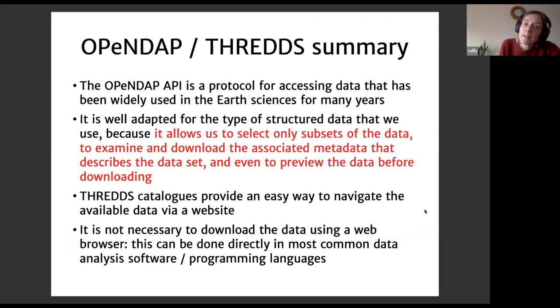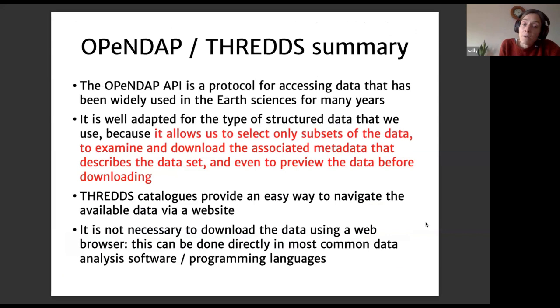So OpenDAP API is this protocol for accessing data. It's been widely used for many years, and it's well suited for marine data because we can select only subsets of the data rather than having to deal with very large amounts of data. It also allows us to look at the metadata or to preview the data before we download it.